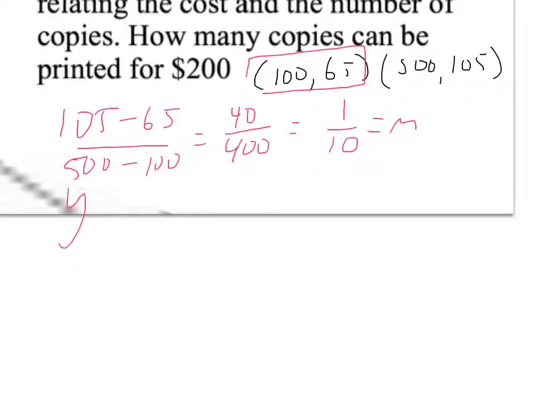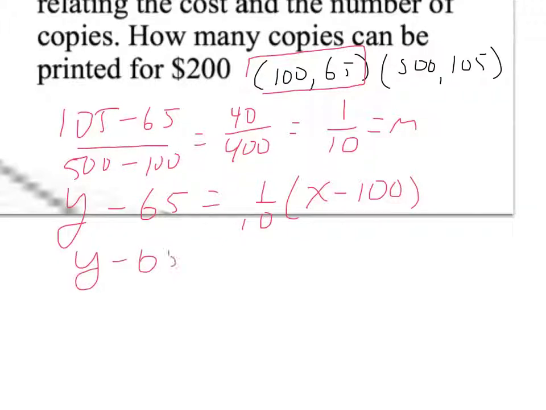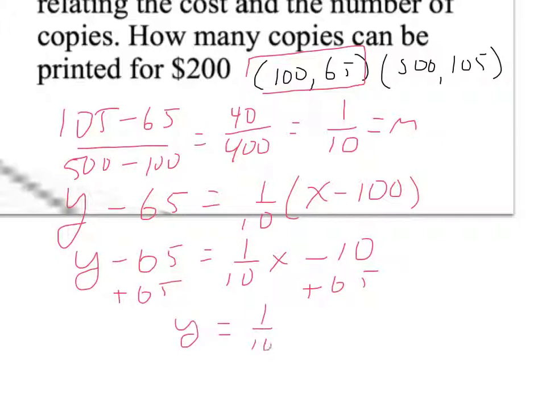So we have y minus 65 is equal to 1/10 times x minus 100. When we do this, you get y minus 65 equals 1/10 x minus 10. Add 65 to both sides, and you get y equals 1/10 x plus 75.